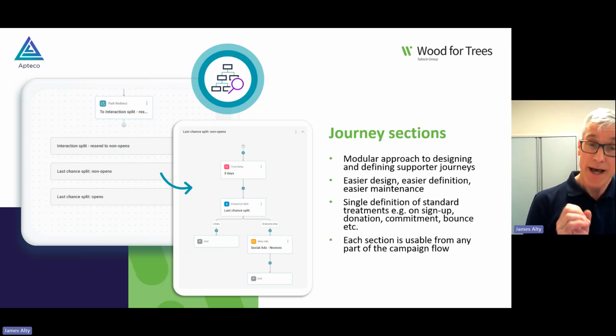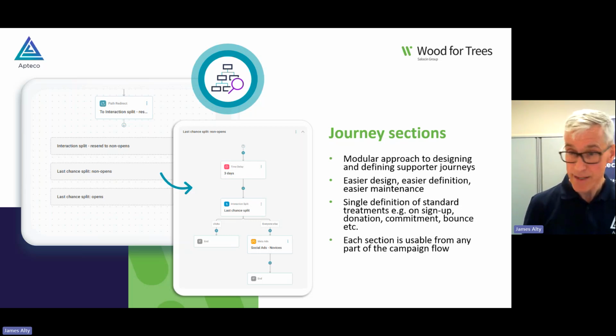The sections allow you to define a little part of the supporter journey. That little part of the supporter journey can then be used from anywhere in the campaign. So if we are doing an initial message and a follow-up message and then a WhatsApp message to try to get people to sign up to participate in their cycle event, whichever point they sign up, we send them to the sign up section of the campaign and they get the standard treatment, they get the proper email, they get the proper registration form, and off they go, able to participate in the event.